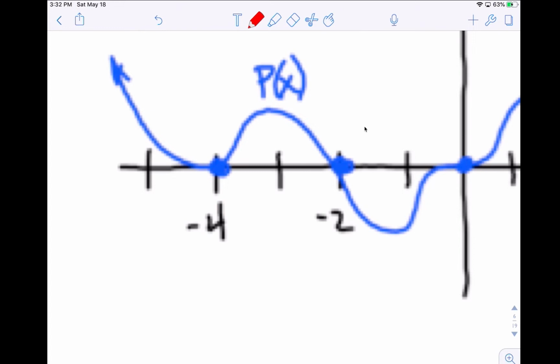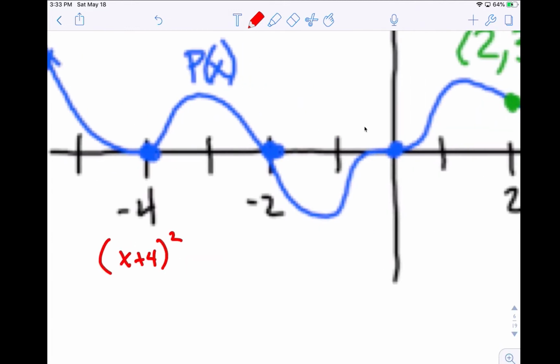Okay, so the first one here at negative 4, I see that it's changing direction once it gets to negative 4. So that tells me it should be x plus 4 squared. Okay, so if it changes direction, it's a multiplicity of 2. The next one, if it just passes through, it's just a single factor.